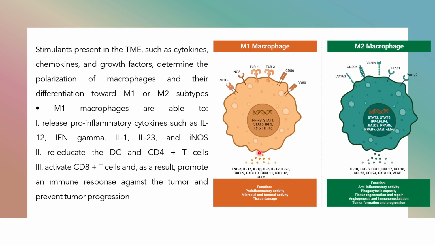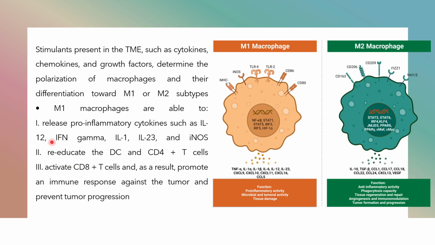And these are the cytokines they produce. They produce a lot of cytokines. Here you can see the antigen presenting cell, MHC class 2, iNOS, different types of receptors, T cell receptors and other receptors, and CD markers expressed by M1 macrophage and M2 macrophage.